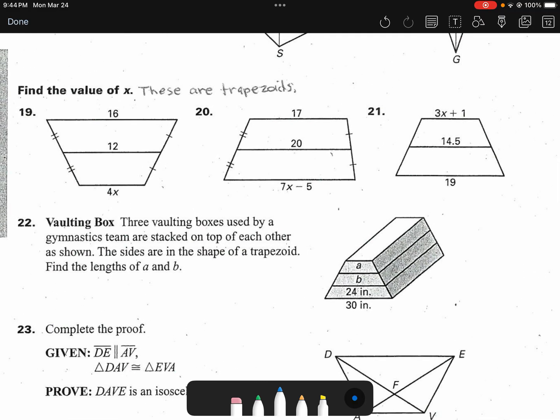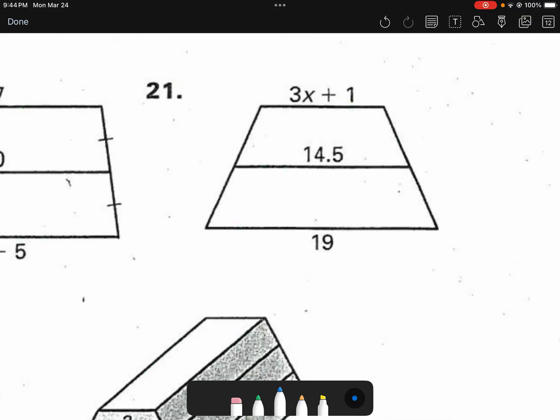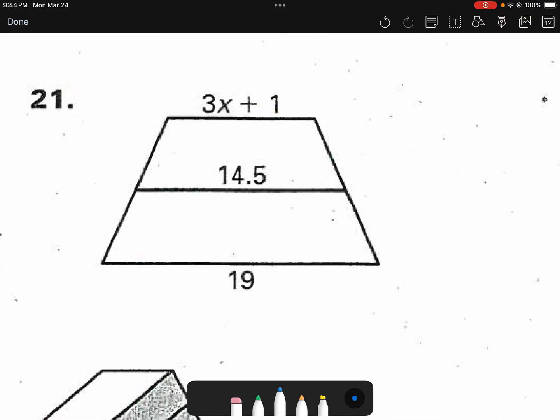Same idea here. You got mid segments for this next section here. Maybe we'll do 21. Maybe that looks the trickiest. How long is that other base if you know the mid segment's 14.5 and the longer base is 19? Well, if you notice, that longer base is 4.5 units longer than the mid segment.